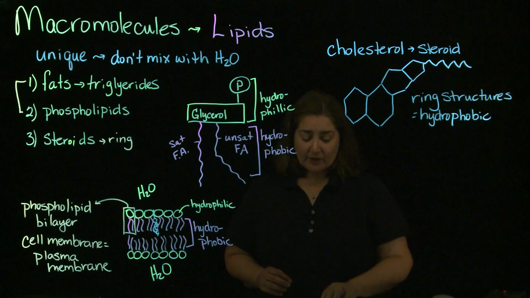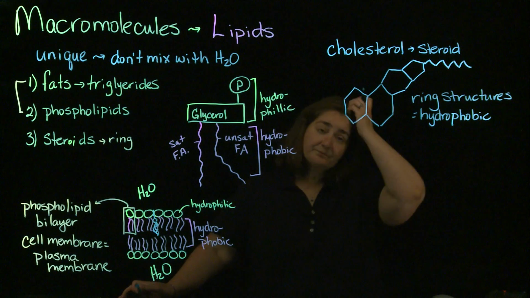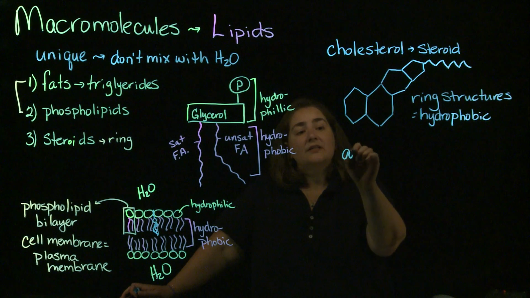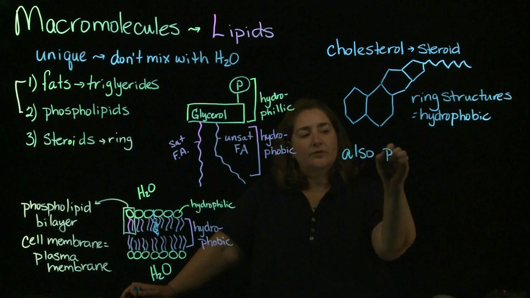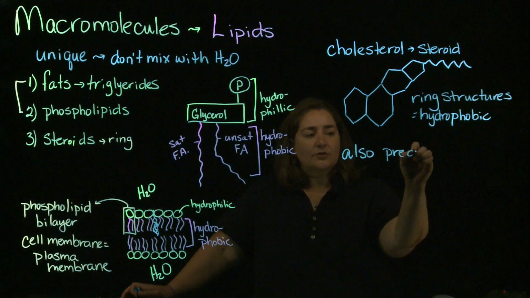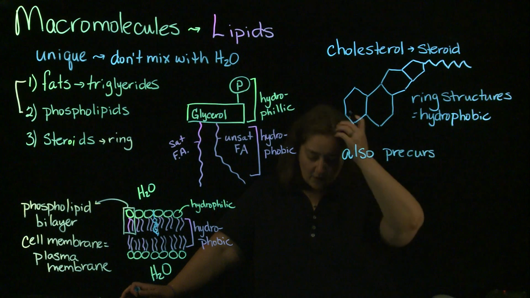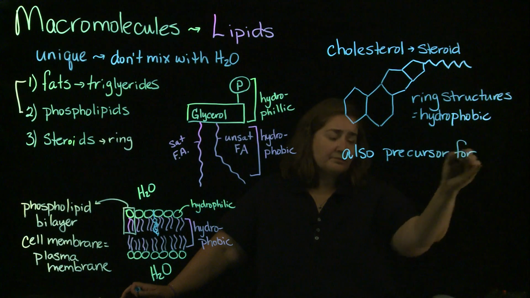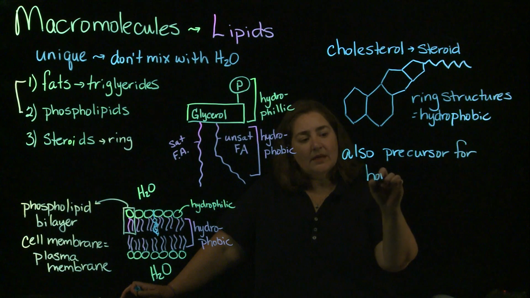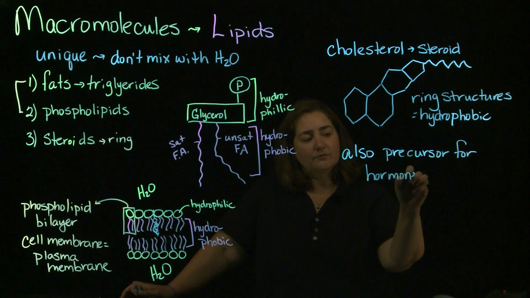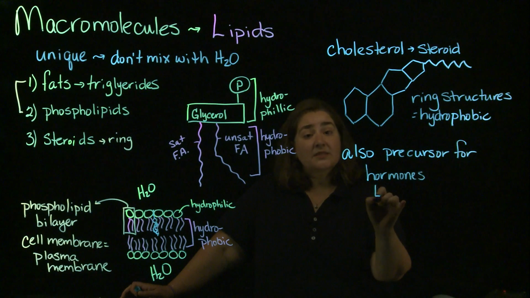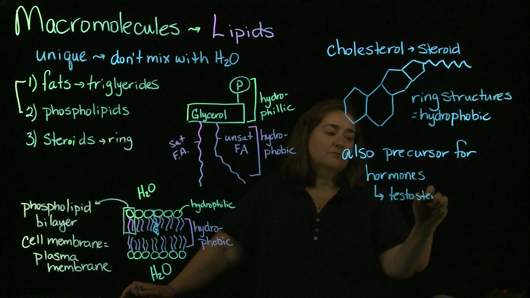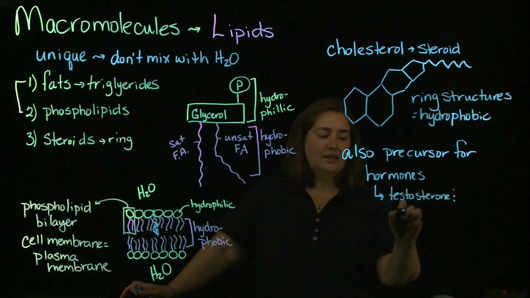Okay? But cholesterol is important because it's a component of the cell membrane, but it is also the precursor for making various hormones in the body, specifically testosterone and estrogen.